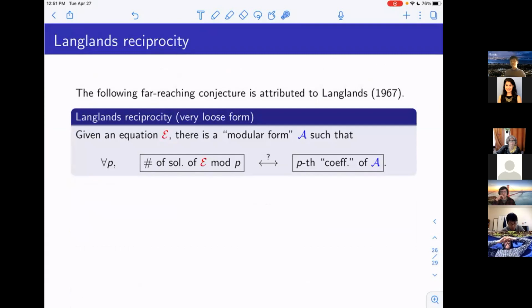So that brings us to the far-reaching conjecture by Langlands, which roughly says that for each equation E, there's a corresponding modular form such that the number of solutions modulo P has to do with the P-th coefficient of the modular form at every prime P. And of course, this is a conjecture, and it's almost an equality in general.